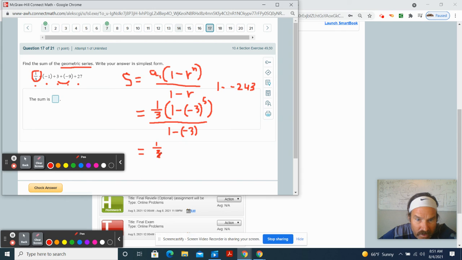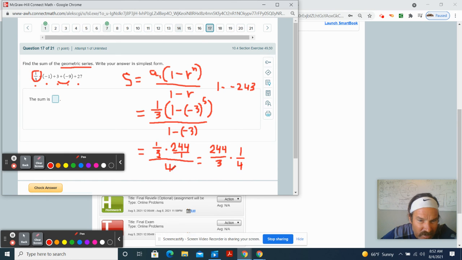So it's 1/3 times 244 divided by 1 minus a -3, which is 4. So this is 244 over 1 times 3, so that's 244 over 3, divided by 4, so that's multiplied by 1/4.